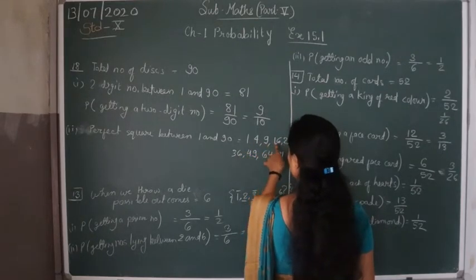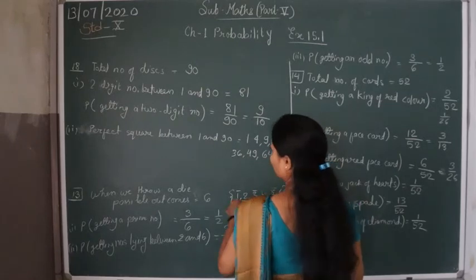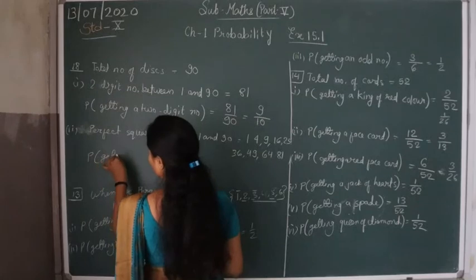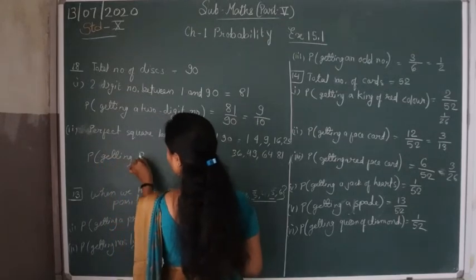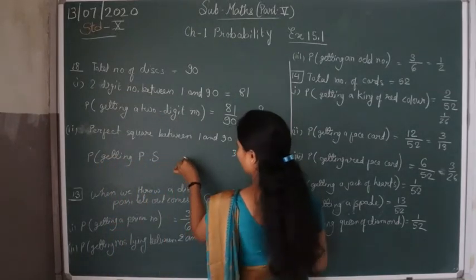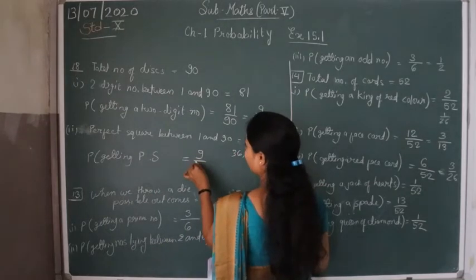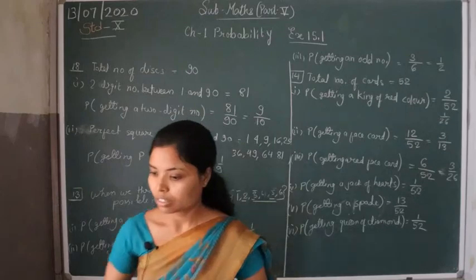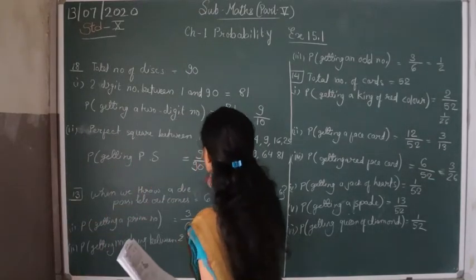So 1, 2, 3, 4, 5, 6, 7, 8, 9. Okay, so the probability of getting a perfect square is 9 by 90, 1 by 10.